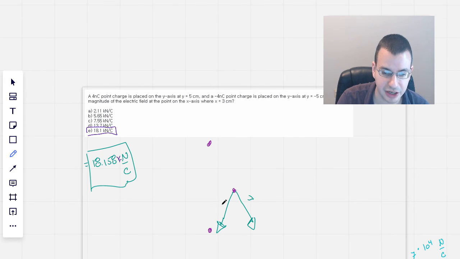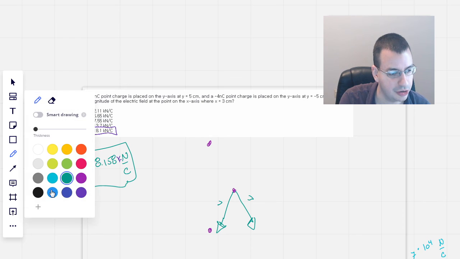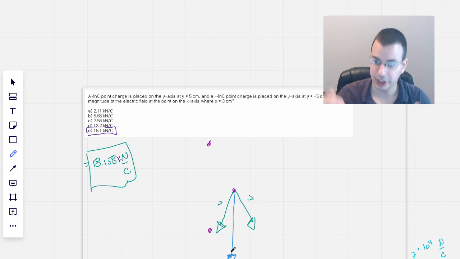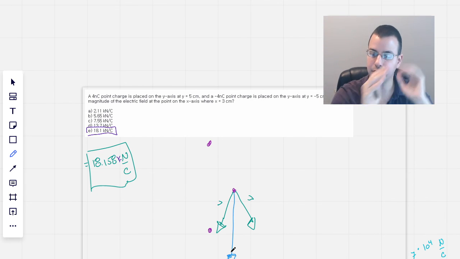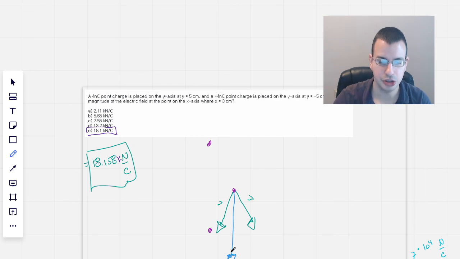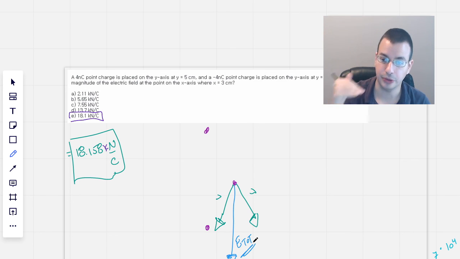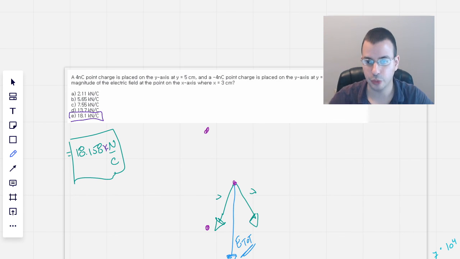Since these are both vectors, those are supposed to be little vector arrows, they combine vectorially, as in components. You combine the x component, you combine the y component, using the Pythagorean theorem. They create a total electric field going down like so, and that's what we were looking for with the cosine.